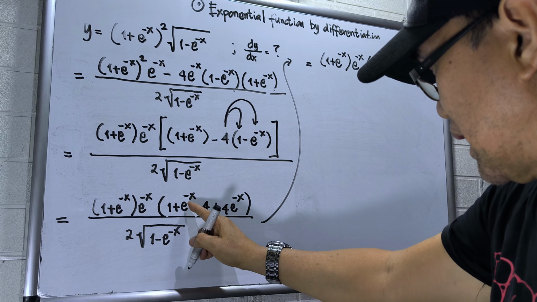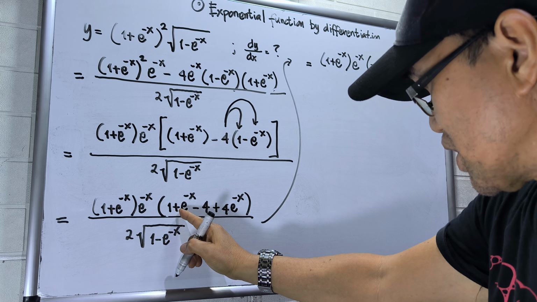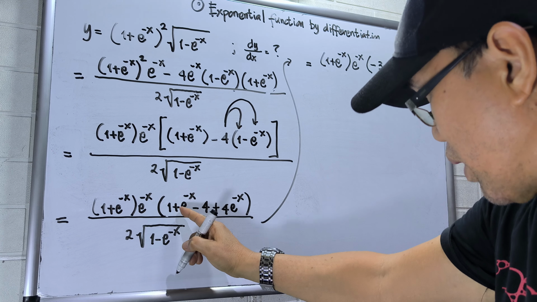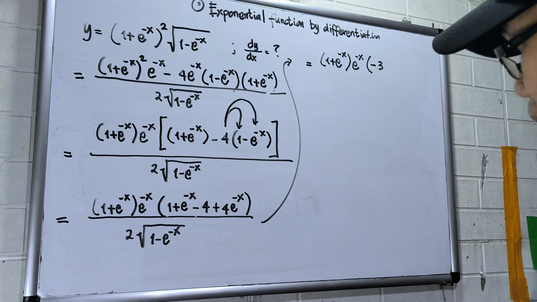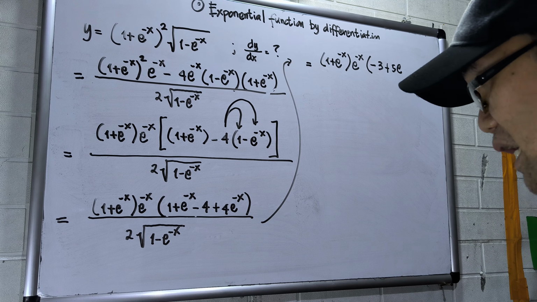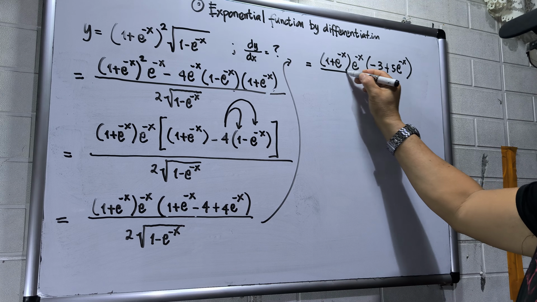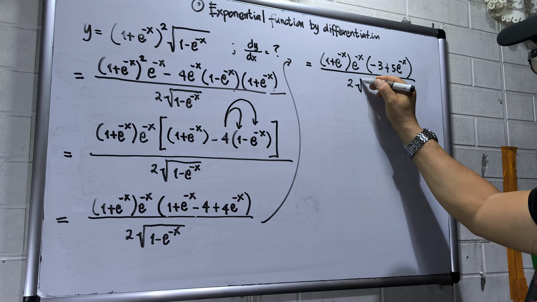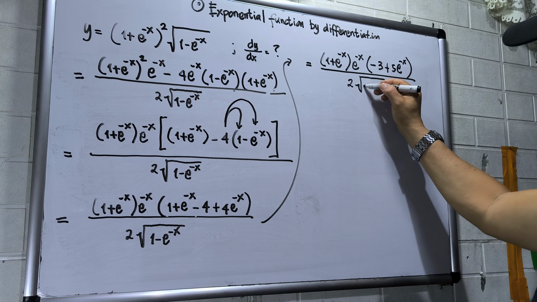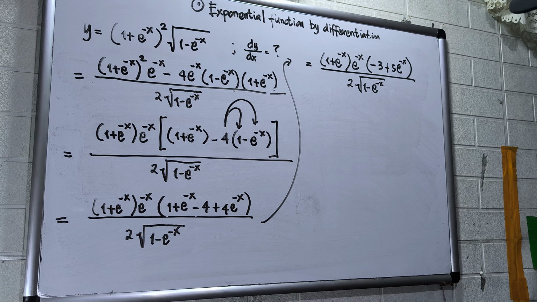Then e to the negative x plus 4, meaning there is 1 in here, right? The coefficient of e raised to the negative x is 1. 1 plus 4, that will be 5. So this will be plus 5e raised to the negative x. Then this will be over 2 times square root of 1 minus e raised to the negative x.